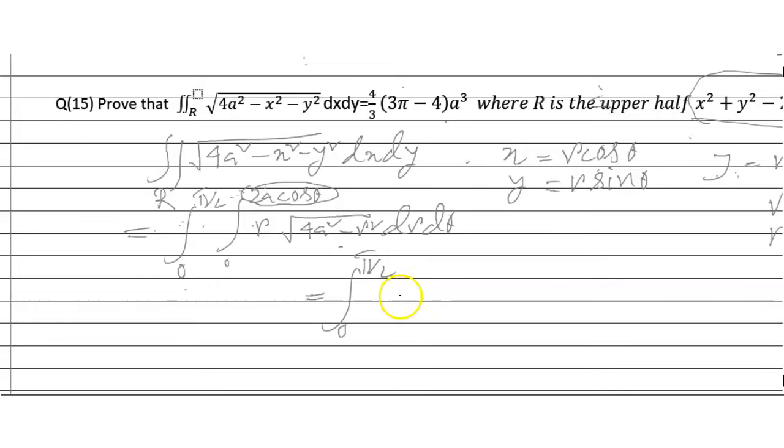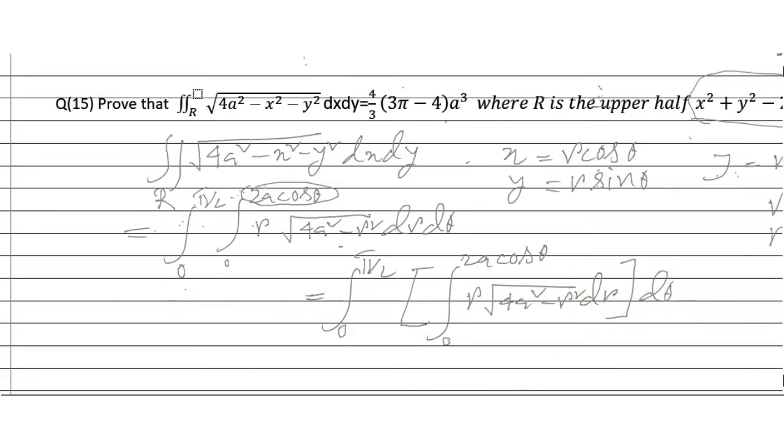So I will work with this. Integration 0 to 2a cos theta of r into root over 4a squared minus r squared dr into d theta.